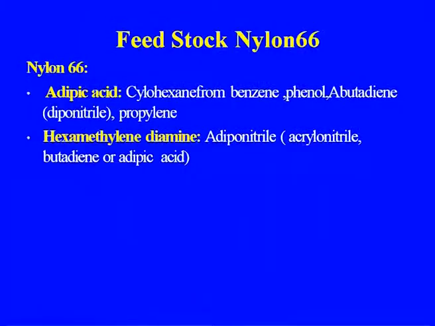One of the technologies for adipic acid has been developed by IIP Dehradun in India, and that has been commercialized also. For adipic acid we need cyclohexane from benzene, or phenol, butadiene, propylene, and for hexamethylenediamine, adiponitrile, which may come from acrylonitrile, butadiene, or adipic acid.